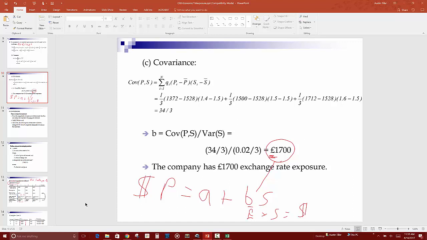The slope just tells us, per unit of S movement, how much would D move with S? We're dividing by the variance of S, right? So per unit of variance of S, how much might D move? So that's the slope. Mathematically, we use variance.